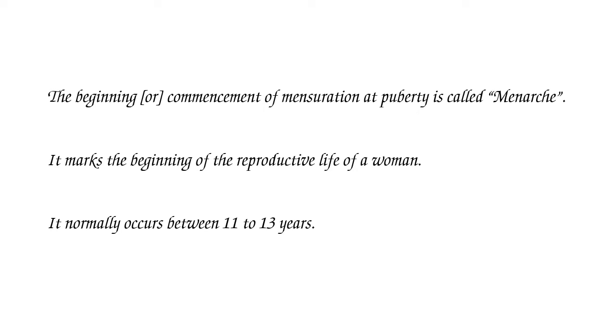Sexual maturity is called menarche. So simply we can call it the first menstruation. It marks the beginning of reproductive life of a woman. It normally occurs between 11 to 13 years, that is puberty in females.